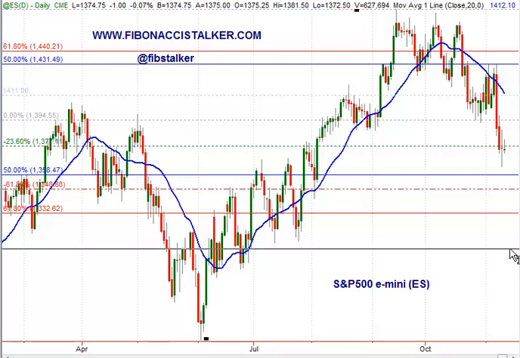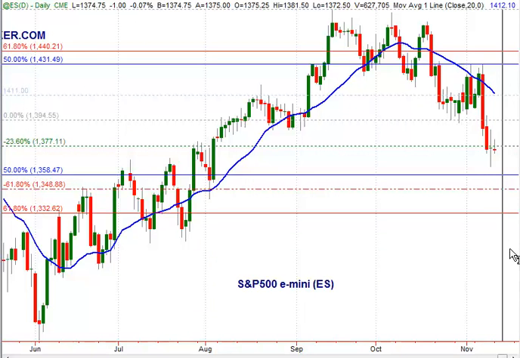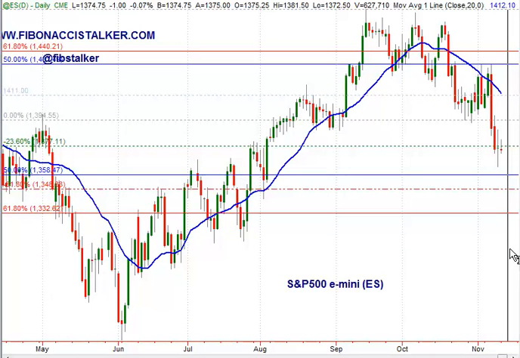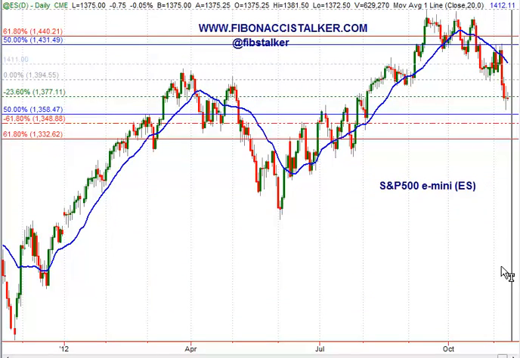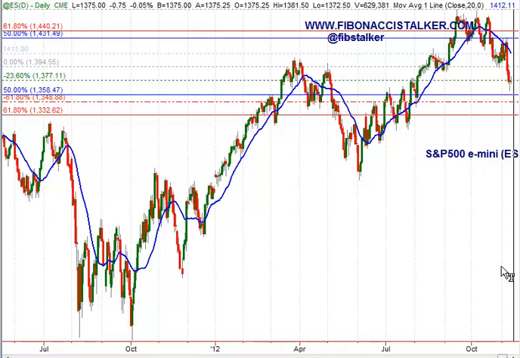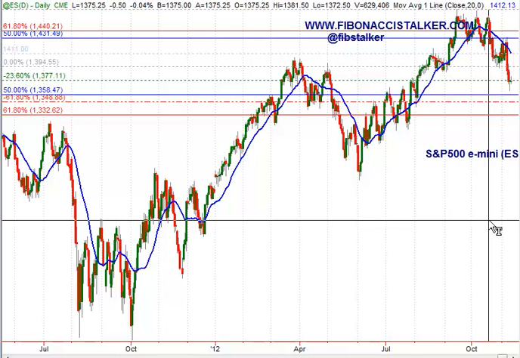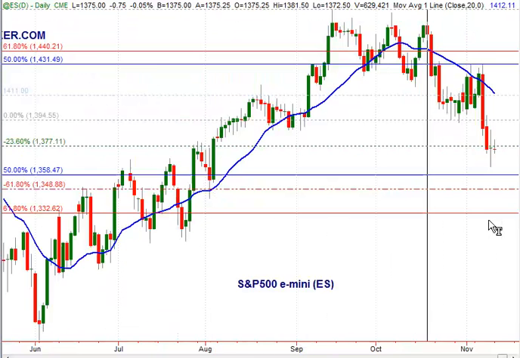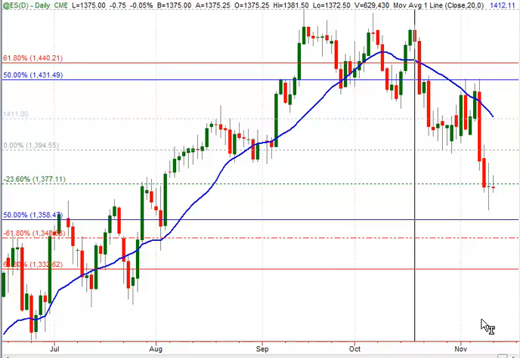So if price will not find support in the 1,358 area and down to the 1,330 area, then we can expect the 1,130 target to trade.